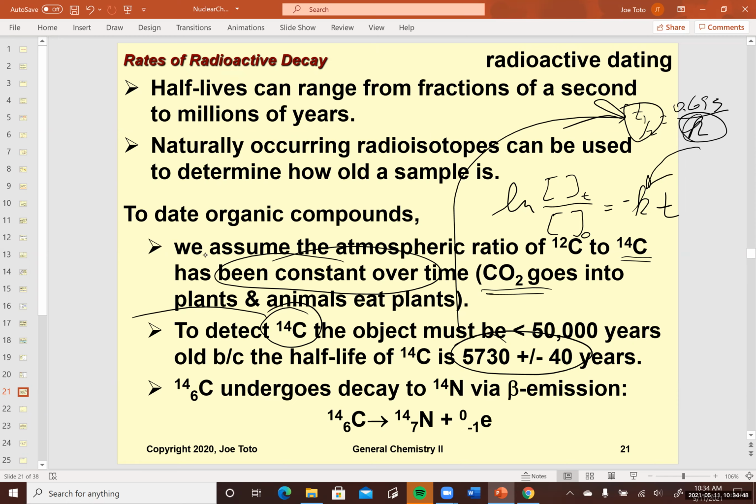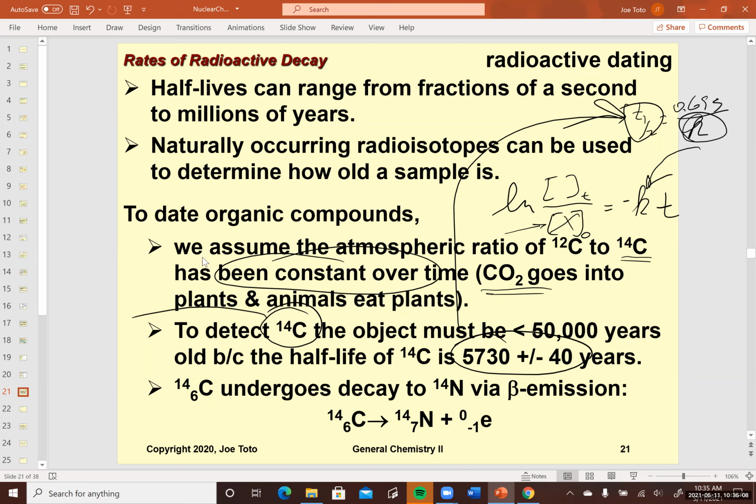If I take a sample from a newly deceased rat or, I don't know, plant, I can figure out the concentration of that carbon-14 and put it in here. That's the initial concentration.